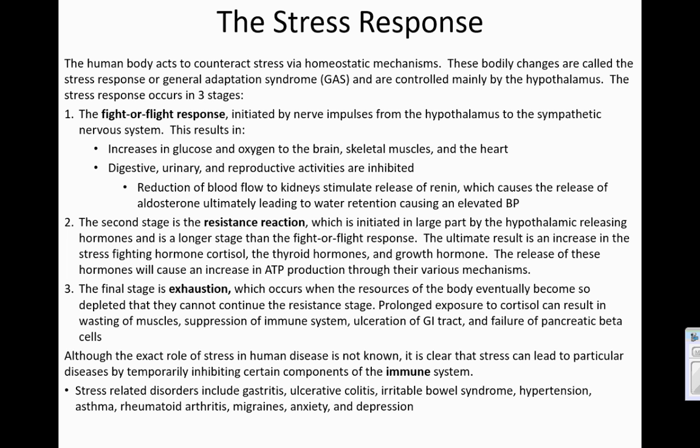The second stage is our resistance stage, where we resist the stressor. It is longer in duration than our fight or flight response. It involves those hormones from the hypothalamus that are classified as releasing hormones.